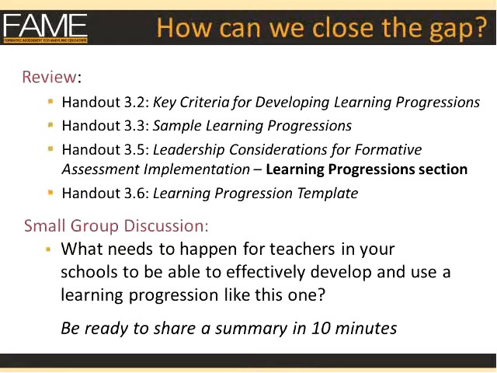Look at handout 3.2, which is the key criteria for developing learning progressions. 3.6, which is the same template that teachers are asked to complete, which is pretty much what you saw in 3.3. And the learning progression section of handout 3.5, which is on page 4, which describes potential challenges and leadership responses that may arise when working with learning progressions. And that 3.5, page 4, is really, really useful to look at.